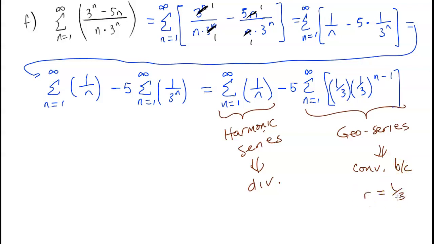So what we have here is basically the difference of two series where one diverges, one converges. And because one diverges, that means the entire series is going to diverge. So here, therefore, our entire series is going to diverge because of the harmonic series part.